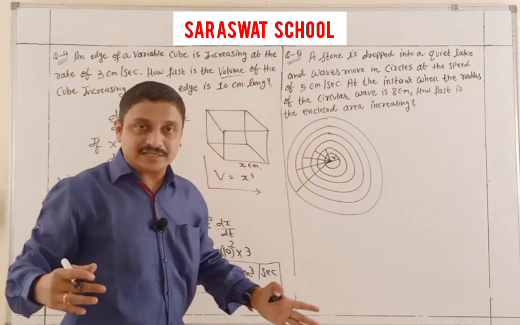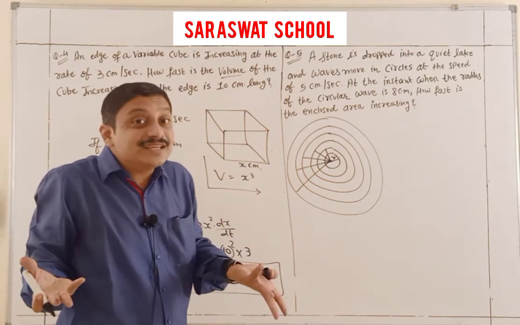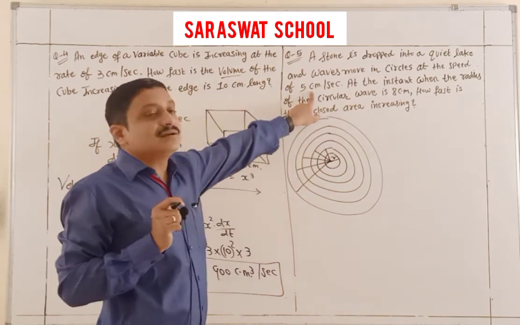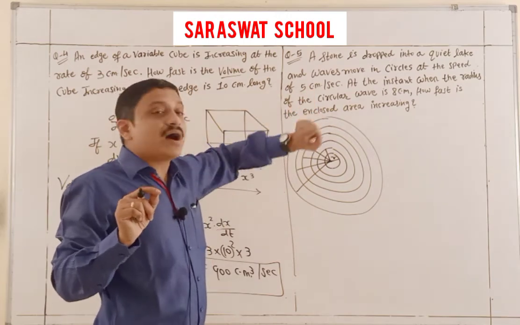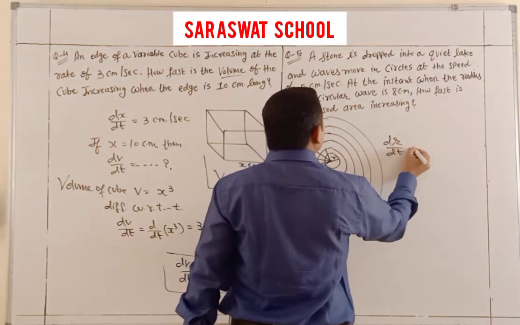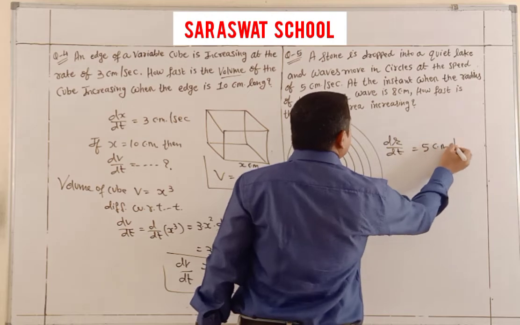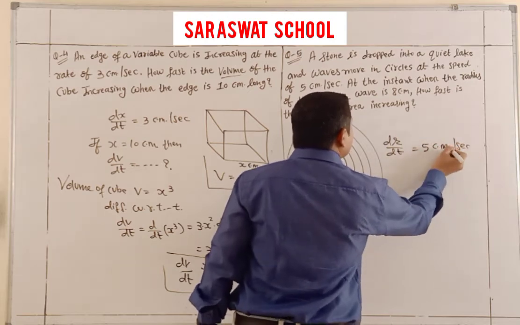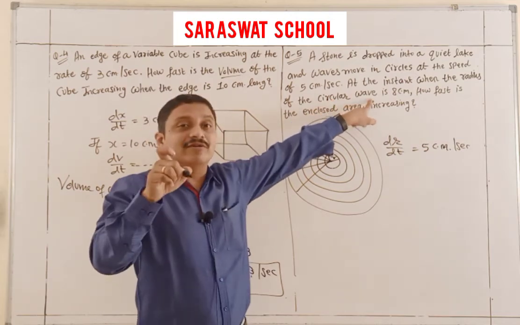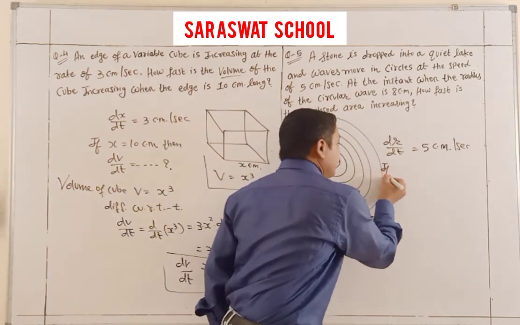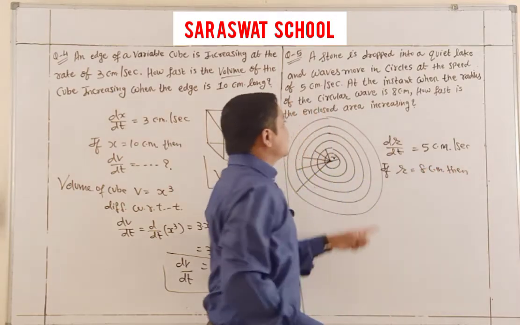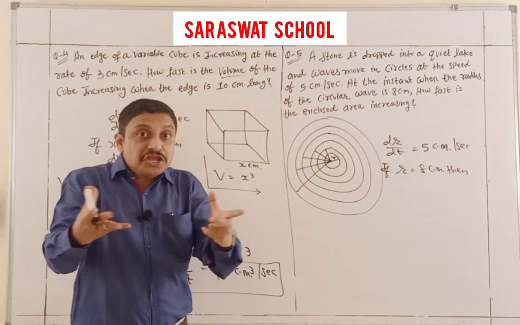Yes, they keep moving, but when the radius changes, the area changes. The given speed of the radius change is 5 centimeter per second. It means dr versus dt is given as 5 centimeter per second. And it asks, when the radius is 8 cm, how fast the area is increasing.